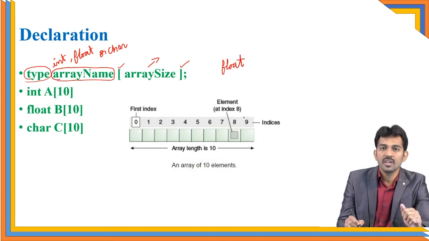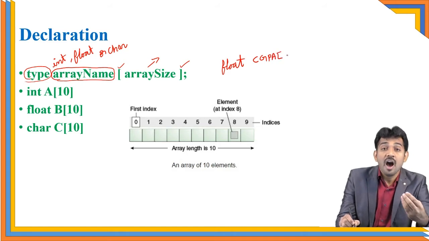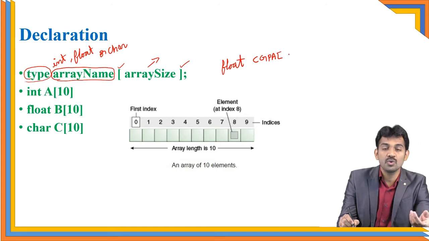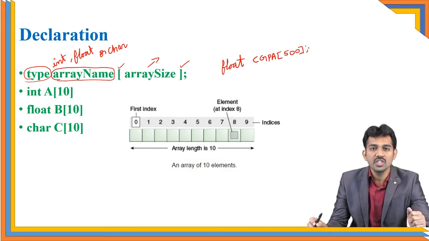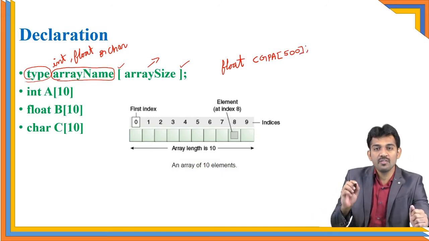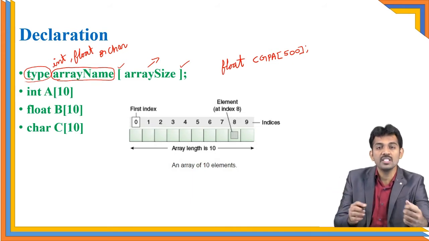And what is the variable name? CGPA. And next, how many girl students are there? The 500 girls. That's all. Our task is over. Instead of creating CGPA1, CGPA2, CGPA3, you can create CGPA of 500, which means the 500 variables are created and memory is allocated.